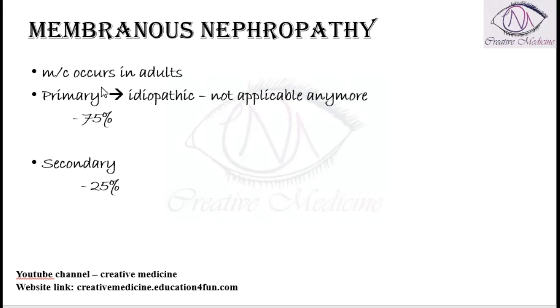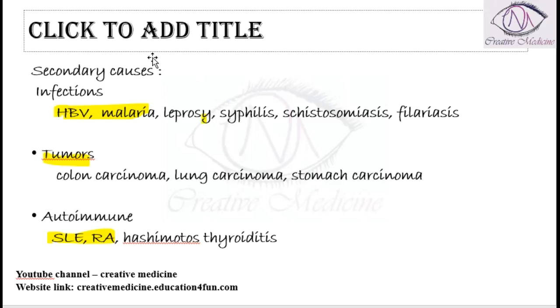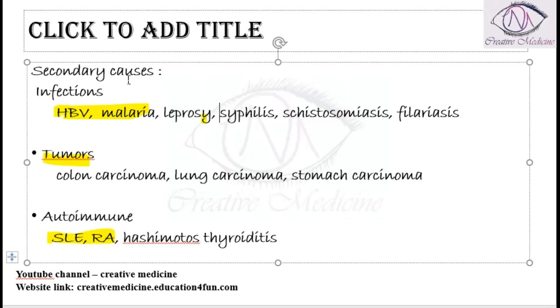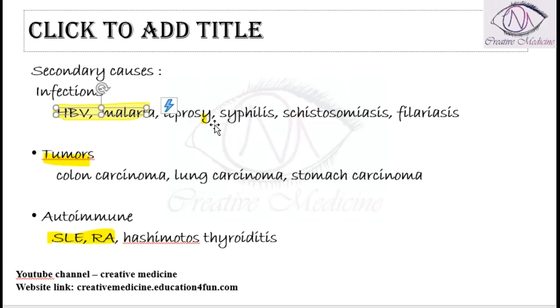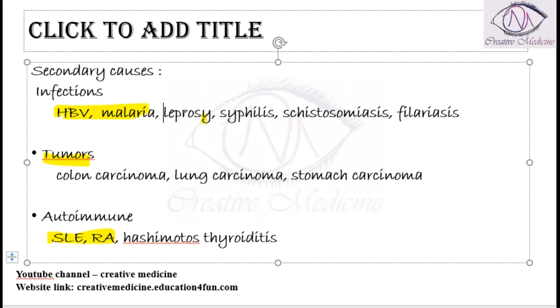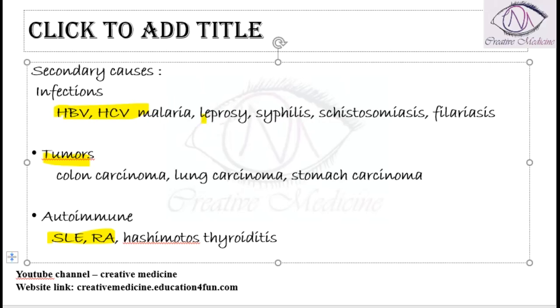So, first we will see secondary causes of membranous glomerulonephritis. The secondary causes can be due to hepatitis B virus, and hepatitis C virus is also associated with membranous glomerulonephritis, as are malaria, leprosy, and syphilis.